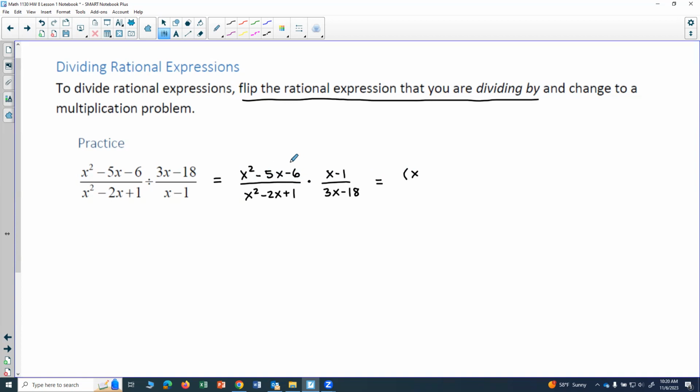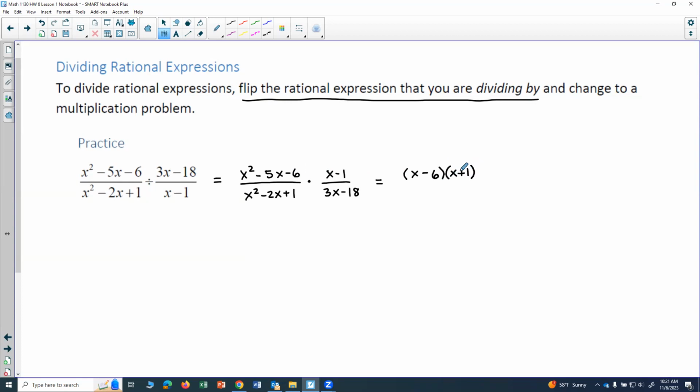So for example, if I did -3 and -2. Actually, that would not work. Let's see. Because a negative times a negative would be a positive. We want a minus here. So let's try x minus 6 and x plus 1.